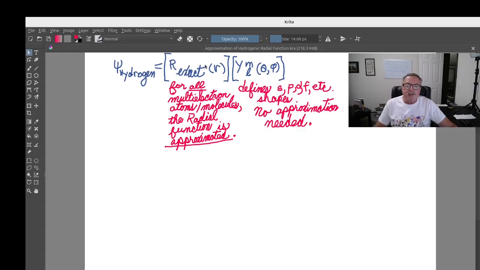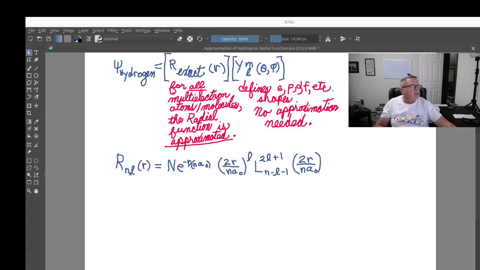This cannot stay the same because when you get multi-electrons, even with hydrogen and helium, where you've got 2 electrons, you've got the repulsion factors between those electrons, and that gives you a complication that has to be approximated. Here's the radial function.